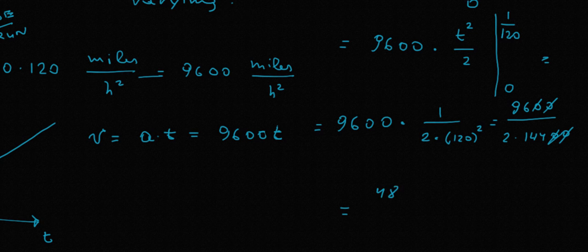So it's 48 divided by 144. Now let's reduce by, let's say, 4: 12 over 36. Now we can see that this simplifies to 1/3. And this is in miles, and therefore we find that the car, during this half a minute, traveled 1/3 of a mile.